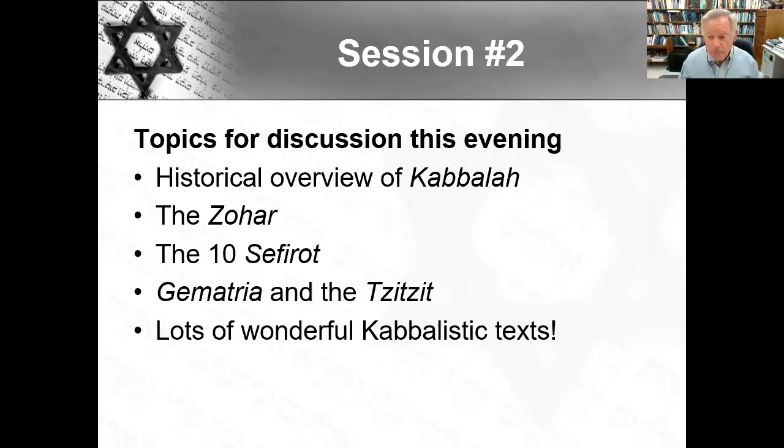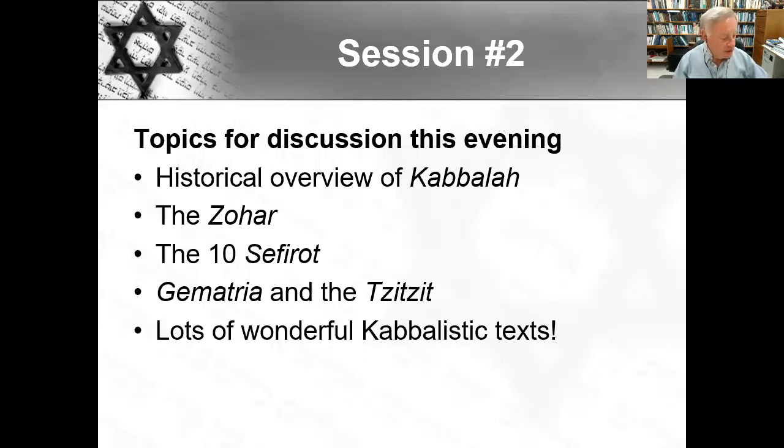And a very important element of the Zohar are the 10 Sefirot. And then another interesting element of Kabbalah is Gematria.